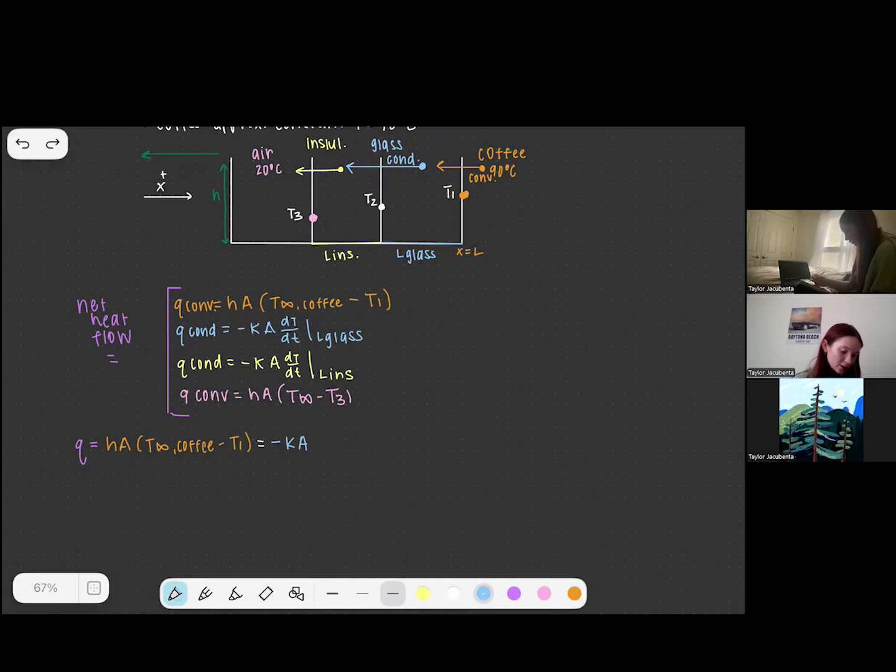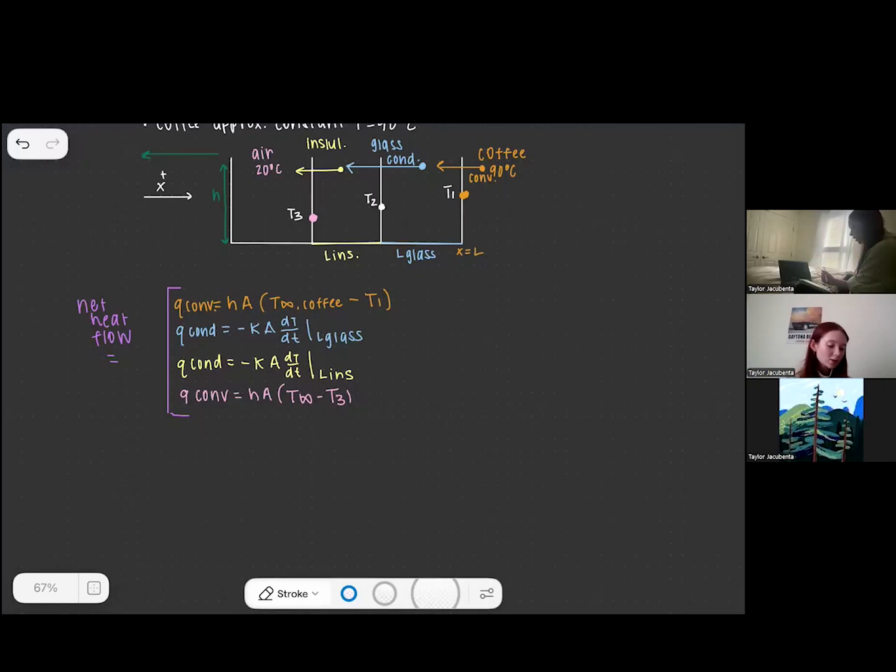And we are going to say that this is T infinity, so the temperature constant of the coffee, minus T1 all over the change in time evaluated from the length of the glass. So we can set all of these equal to each other because we're going to say that the total net heat flow is equal to each of these individually at each point.